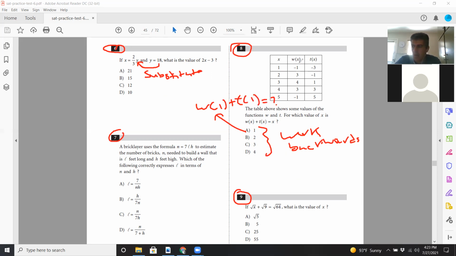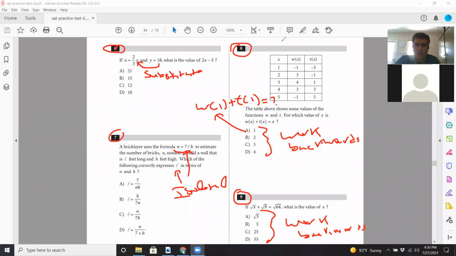And of course, you have the columns for w and t right there. For 7, they want you to isolate L, obviously isolating L right there in that equation. And then here, you could also work backwards, just like I suggested for number 8. So I'll give you guys a few minutes. Right around 4:30, we'll talk about it, and then we'll keep moving forward.